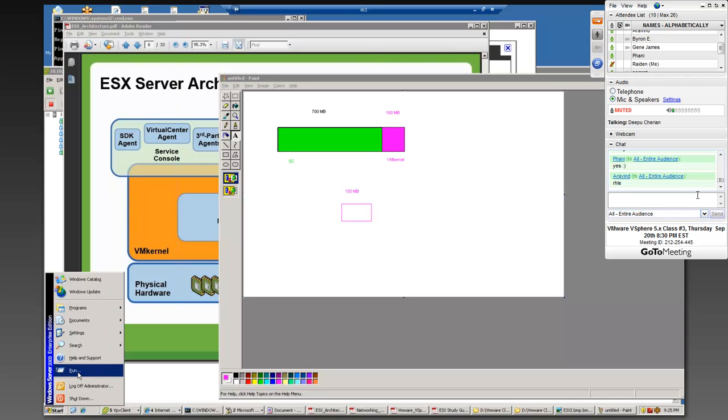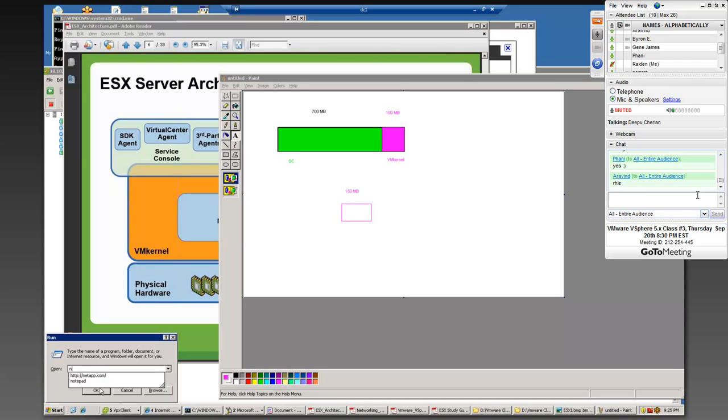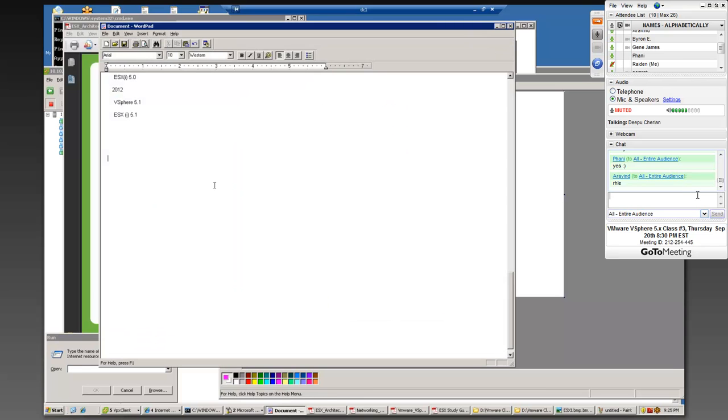Again, let me explain. There is another version of an ESX. So there are two types of ESXi. ESXi has two variants.